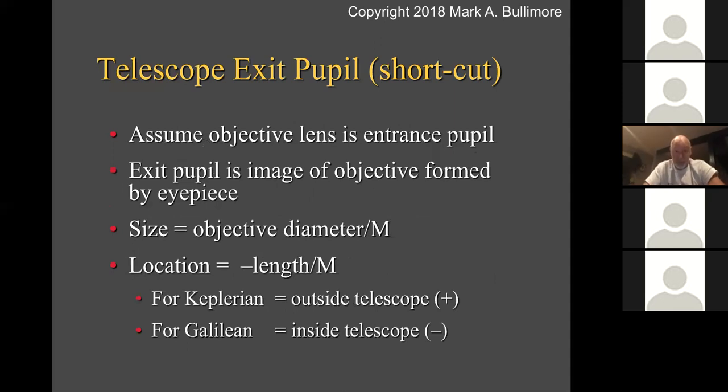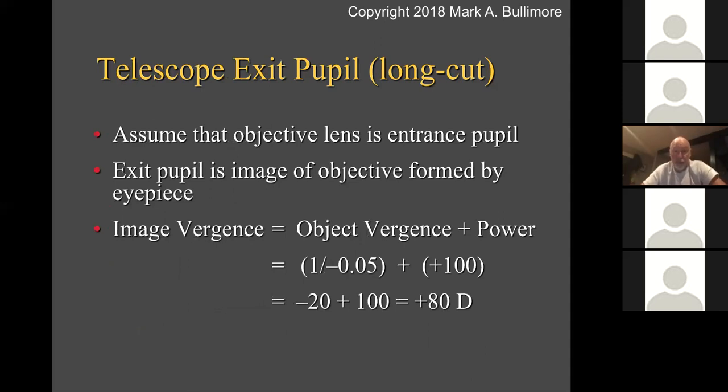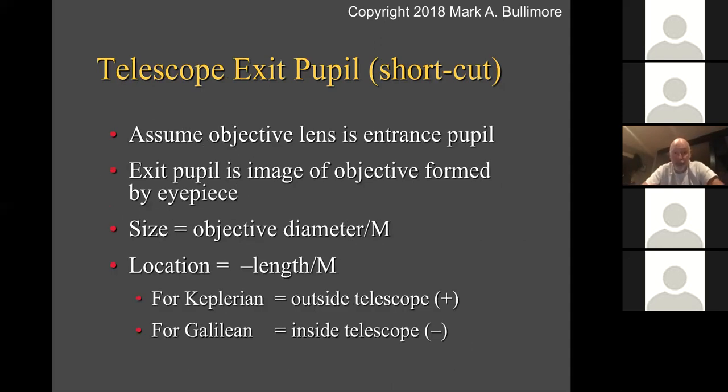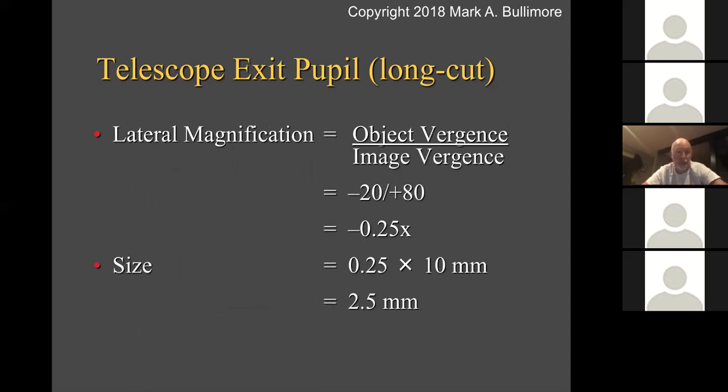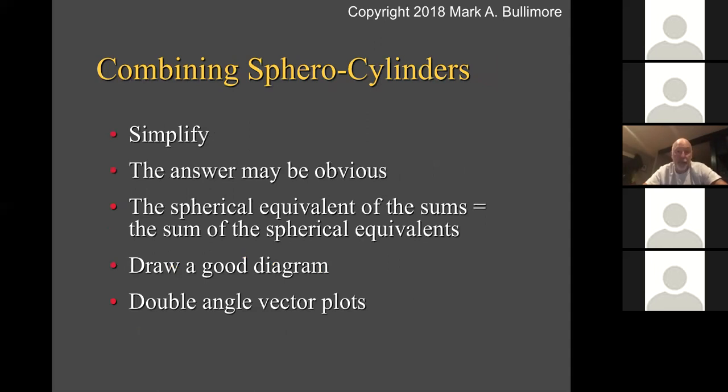And the location is given by that formula, but that's all you're being asked here is whether it's inside or out. You can go about this the long way, but I would recommend that you remember the shortcut and just remember the size of the exit pupil is just the objective divided by magnification. And Dr. Yoshinaga or Dr. Bakri told you that.